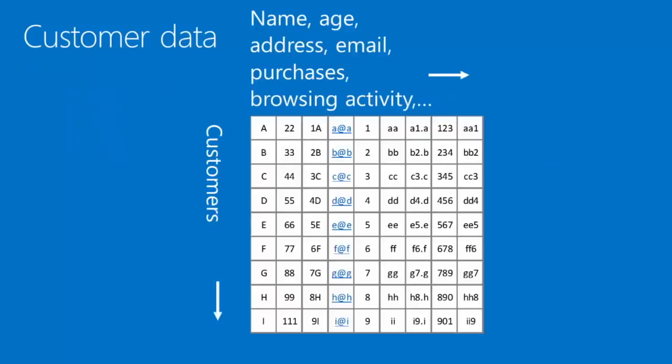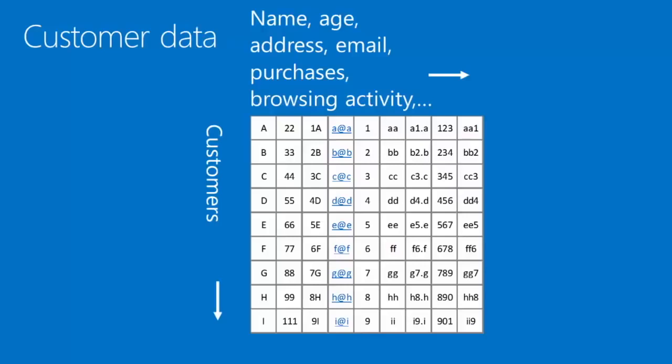If each row is a separate customer, and each column is a separate piece of information about that customer, such as their name, their address, what they bought, what websites they visited, then this doesn't so much look like a picture. I can rearrange those columns and rearrange those rows, and this still means the same thing. It's still equally easy to interpret.